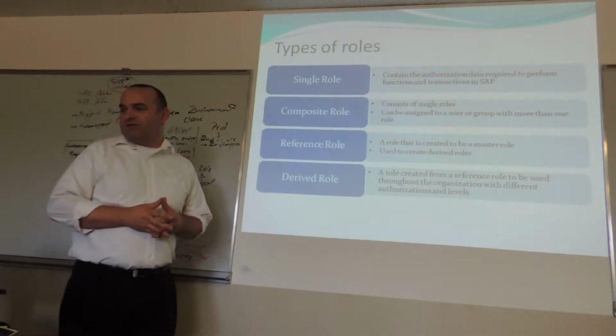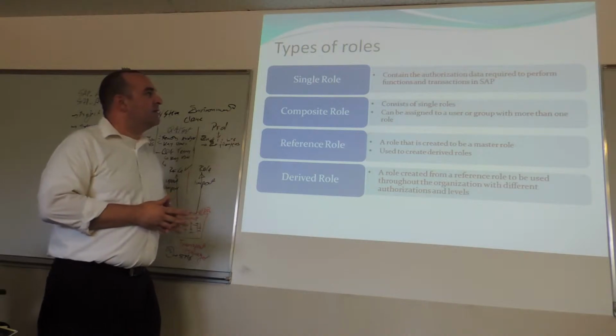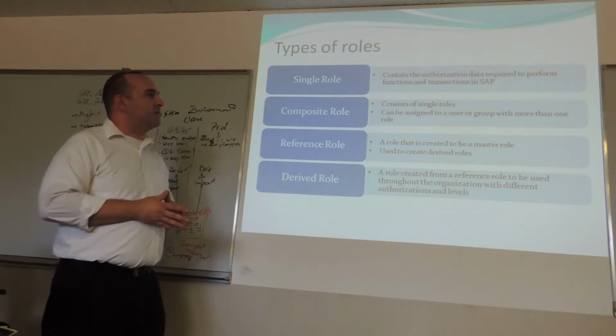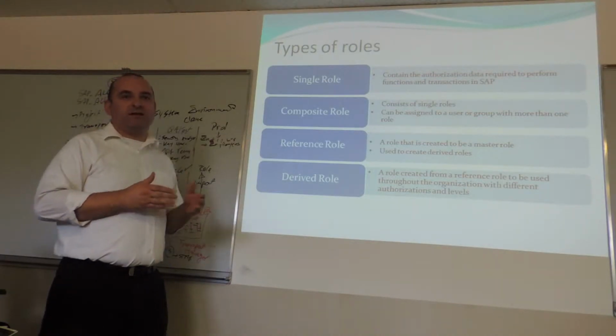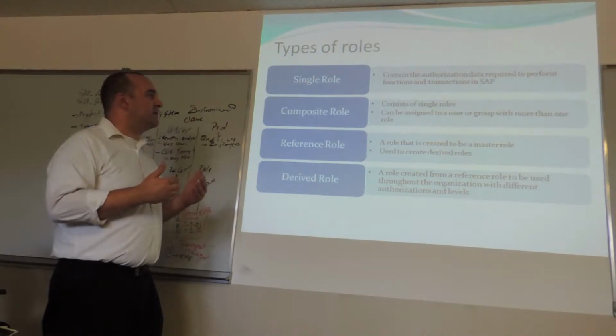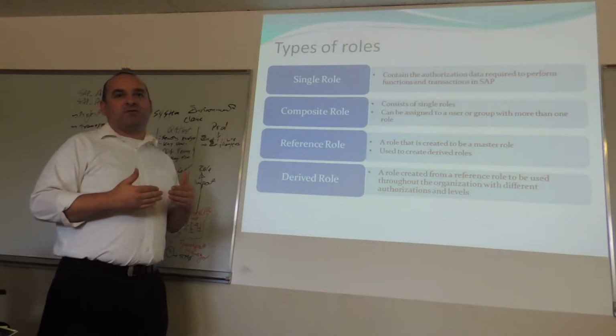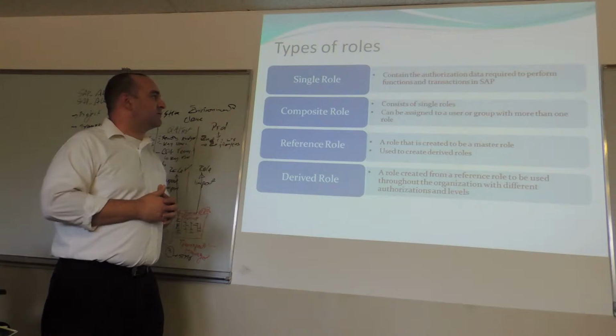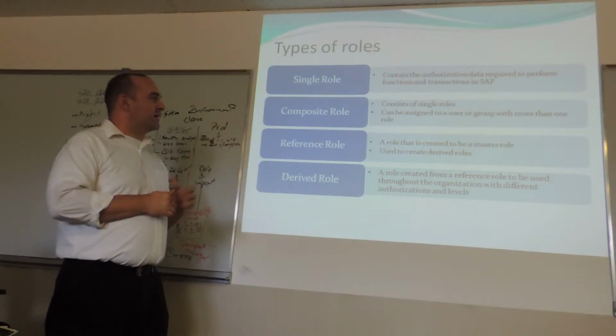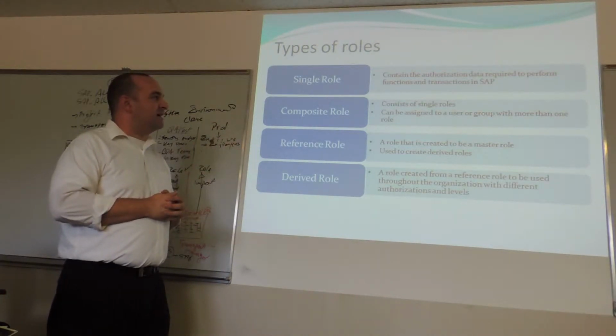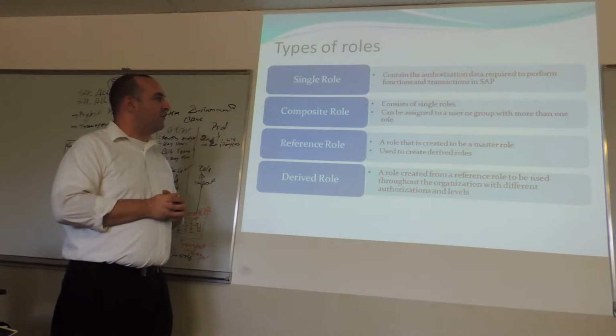Now, types of roles you can have in the system: a single role contains authorization data required to perform functions and transactions in SAP. That's the initial setup of any type of role. Composite roles are always comprised of single roles. The composite role, like I said, consists of single roles and can be assigned to a user or group within one or more roles.